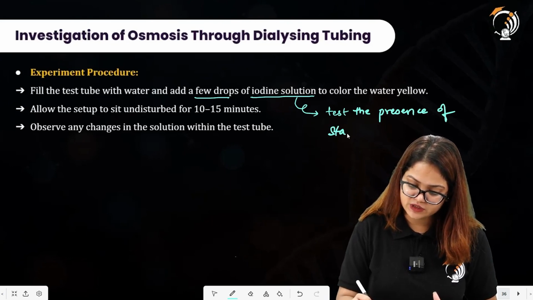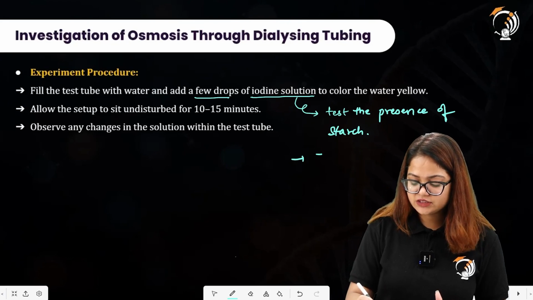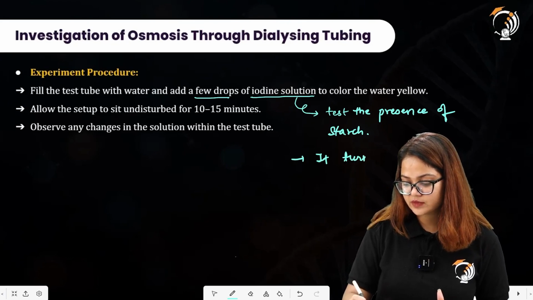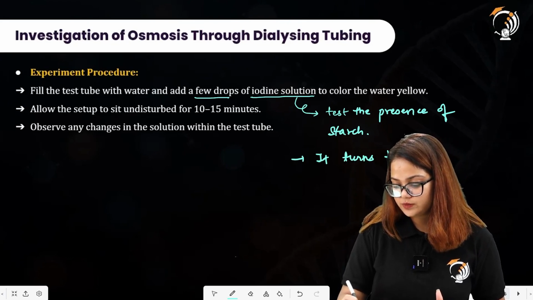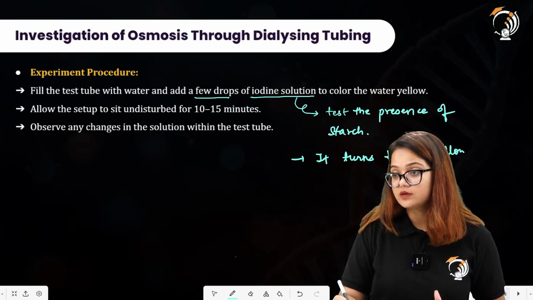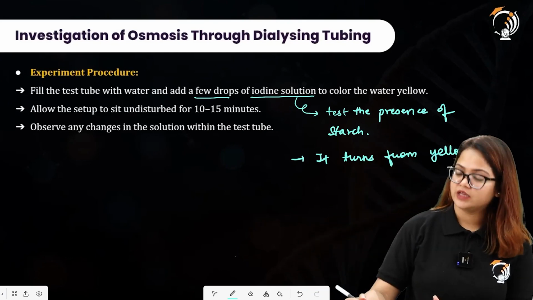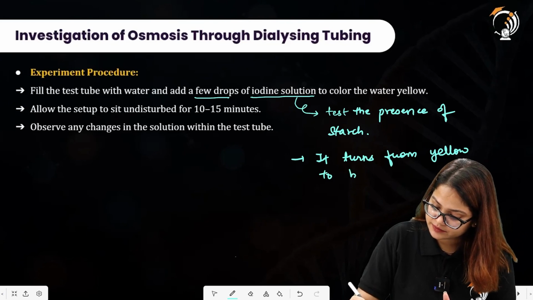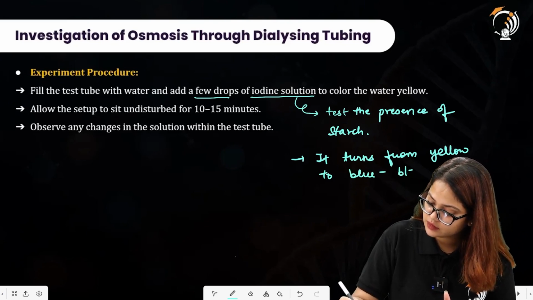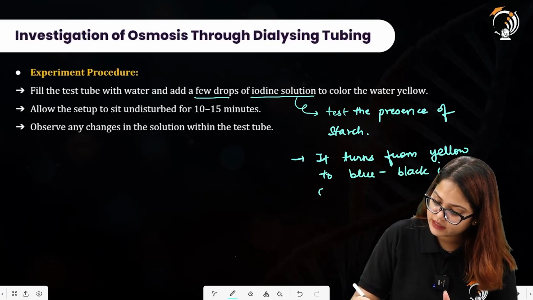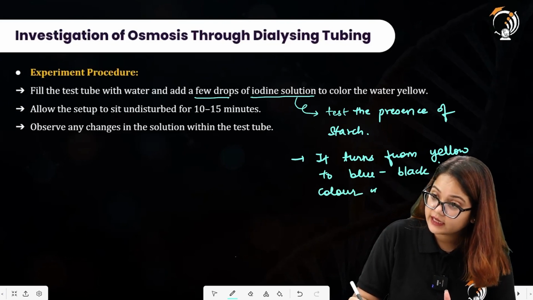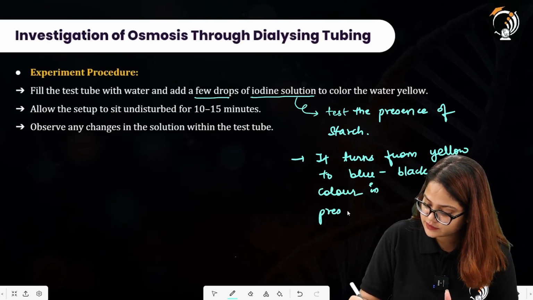It turns from yellow to blue black in color in the presence of starch.